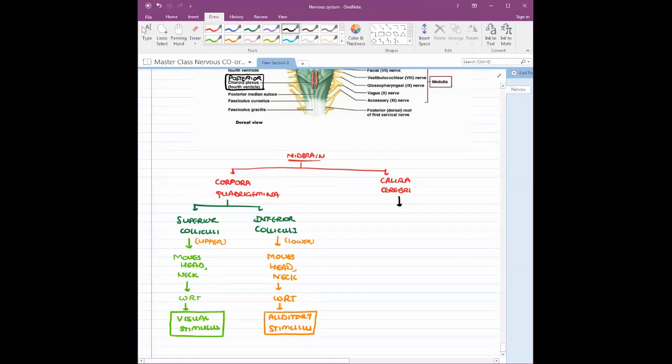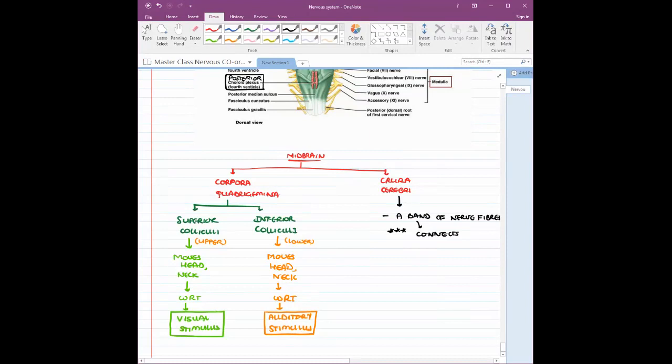So when we talk about crura cerebri, I told you this is nothing but a band of nerve fibers. What is the job of this? This is the one, guys, that is going to connect almost everything.